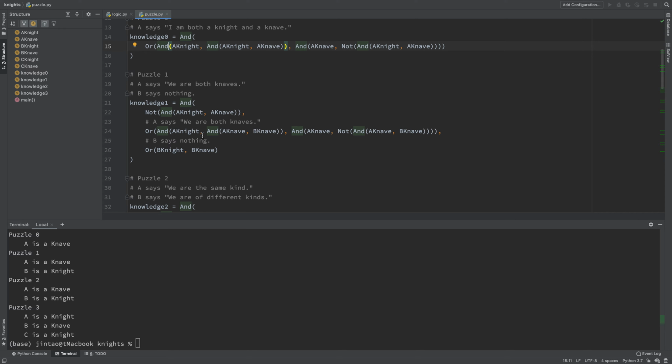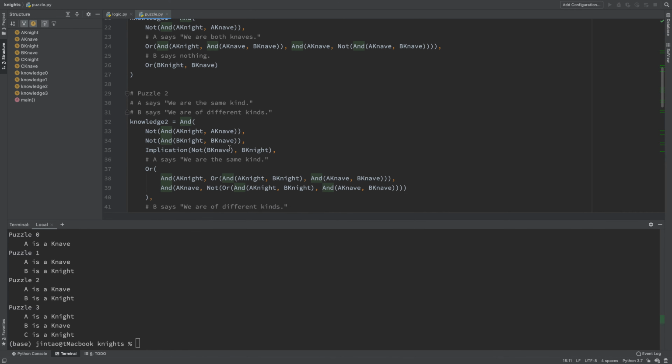If A is a knight, his statement is going to be true, which means A and B are both knaves. Otherwise, A is going to be a knave and his statement is not true. And B says nothing, so B can be a knight or a knave. So these three pieces of information are enough for the AI to make the decision to say A is a knave, B is a knight.